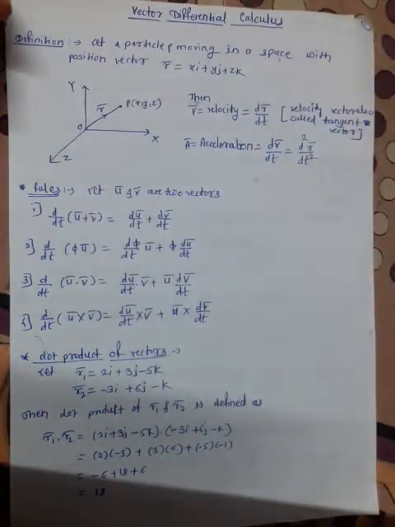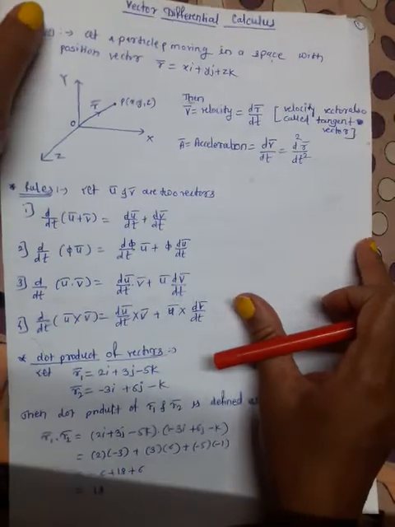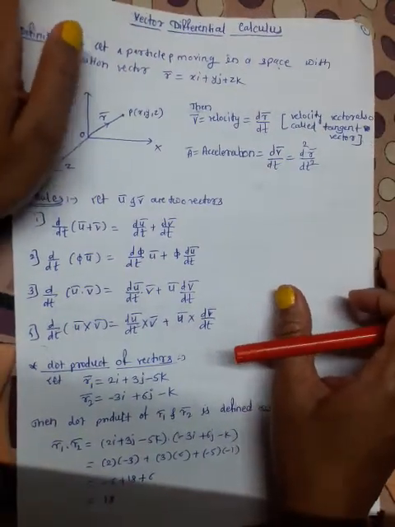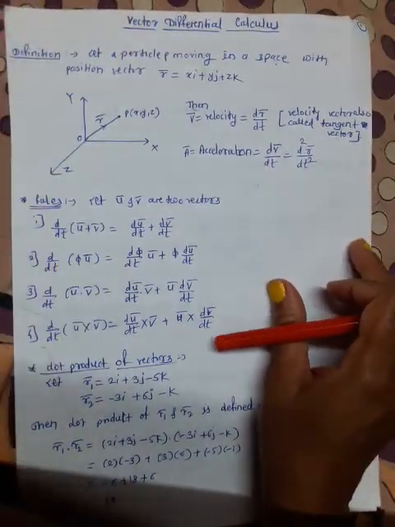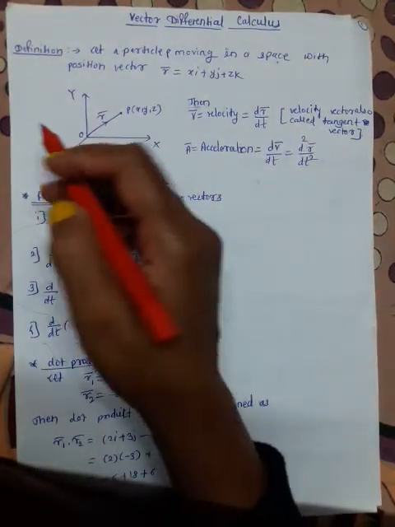Now we are going to see how vectors can be written in mathematical form and their differentiation. Let us start with the basic thing, that is the position vector.